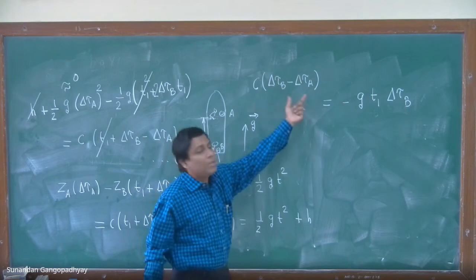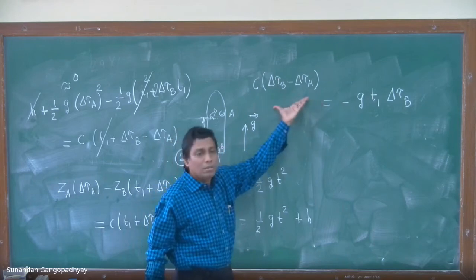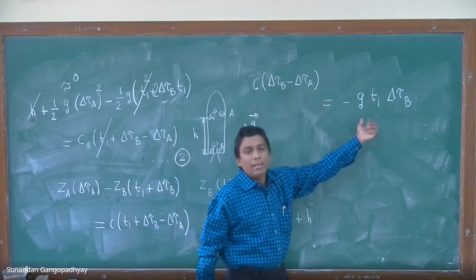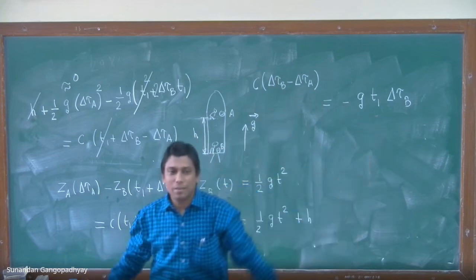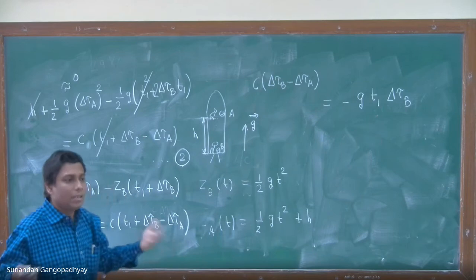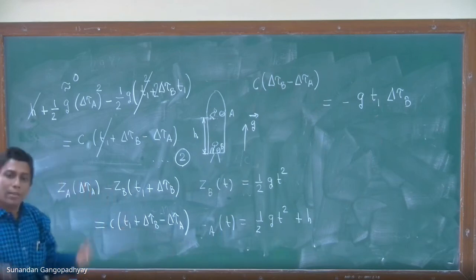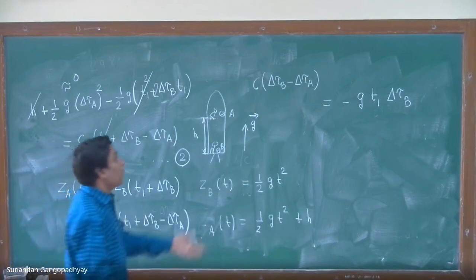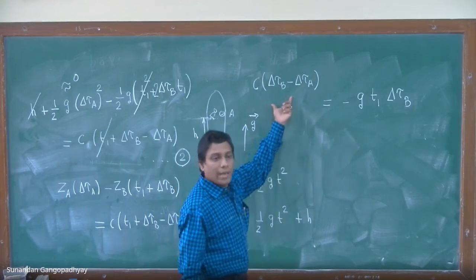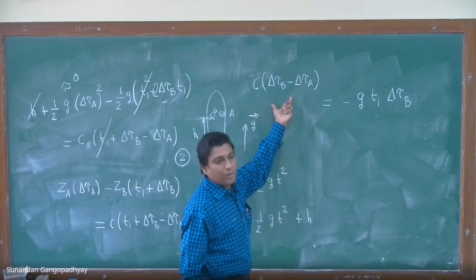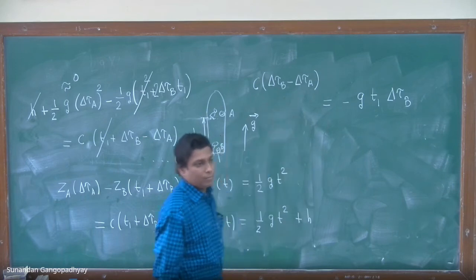If delta tau B is equal to delta tau A, then this is 0. That would imply that G is 0. So there is no gravitational field. But we are considering a problem where there is gravitational field. So if G is non-zero, you are forced to take delta tau B to be different from delta tau A. There is no other way.